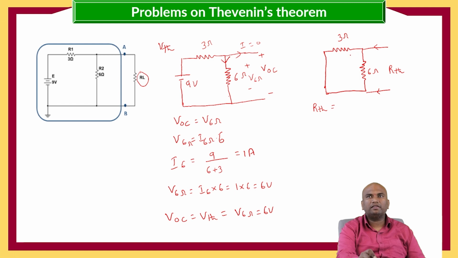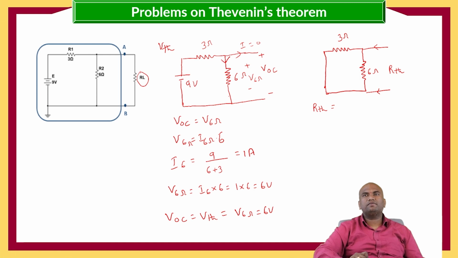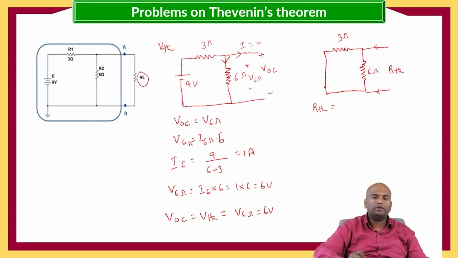Here if you see from these two terminals, 6 ohms and 3 ohms are connected in parallel because of this short circuit. When the 3 ohms and 6 ohms are connected in parallel, the equivalent resistance for parallel resistors is R1 R2 by R1 plus R2.